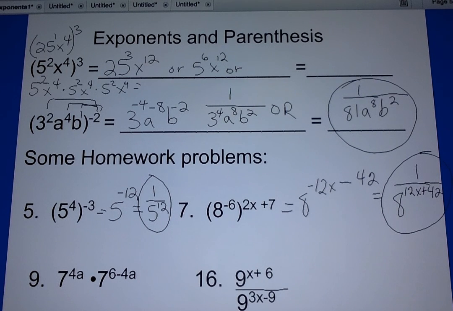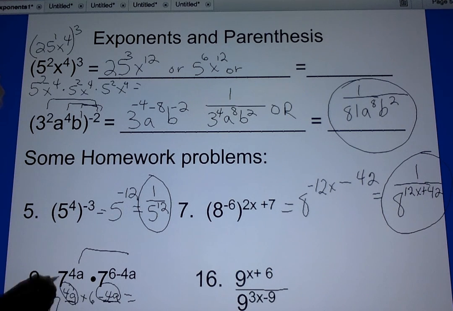Okay, let's go on to number 9 over here. Since it's multiplication, there's no parentheses, we're going to add the exponents since the base is the same. So it's 7 to the 4a plus 6 minus 4a. So when you combine like terms, this 4a and minus 4a added together, they equal 0.